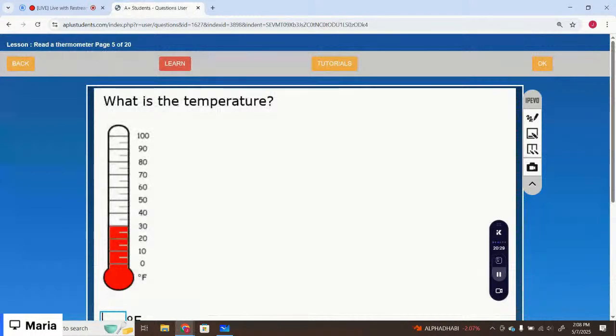What is the temperature? The temperature is 30 degree F, the correct option is 30 degree.